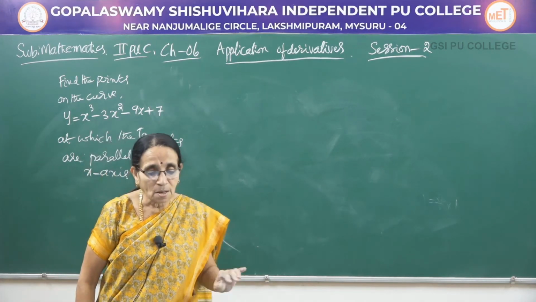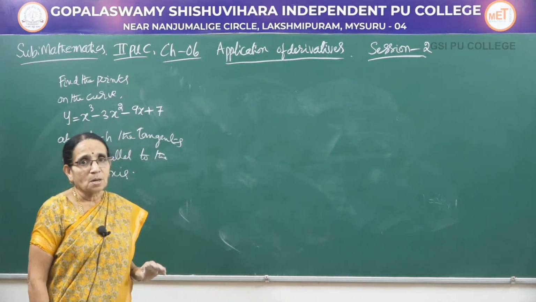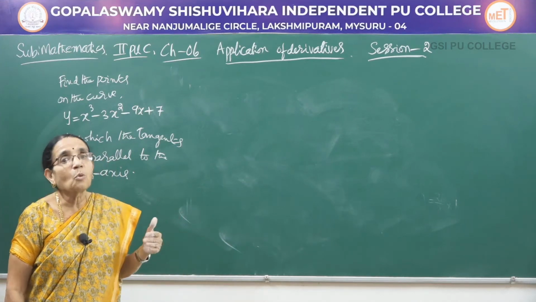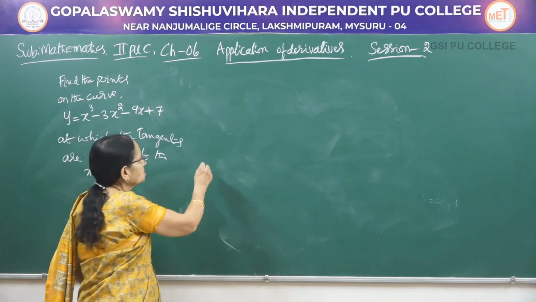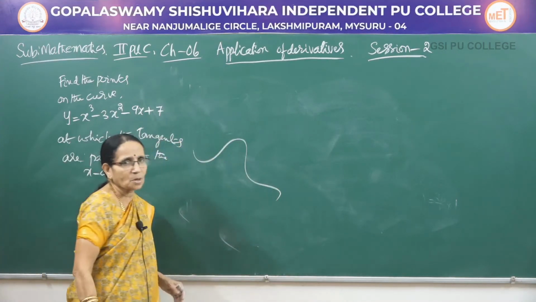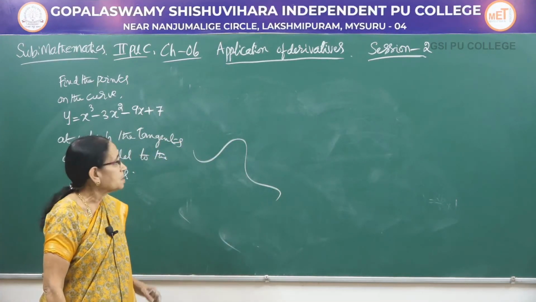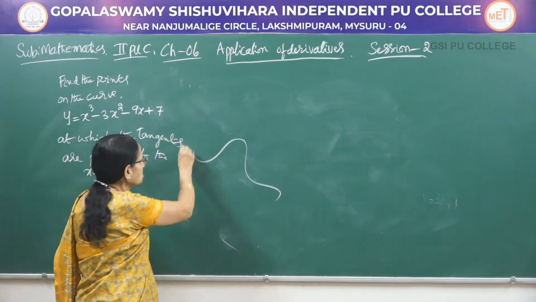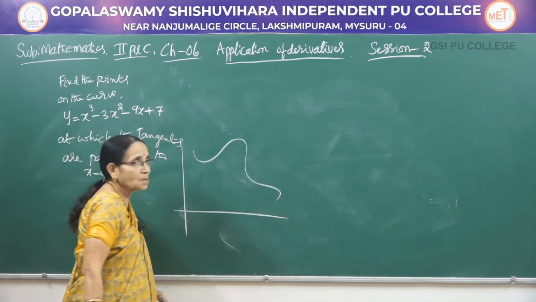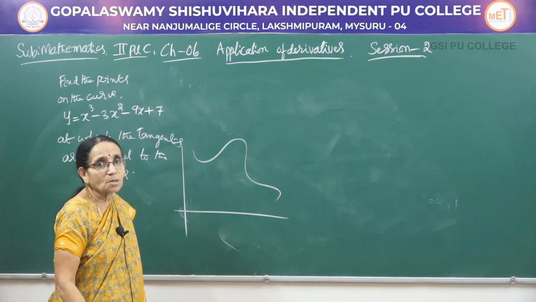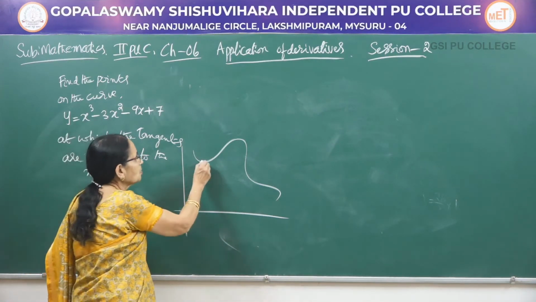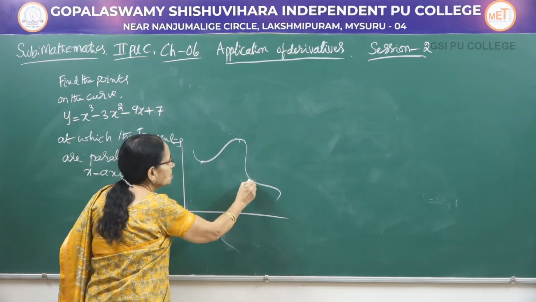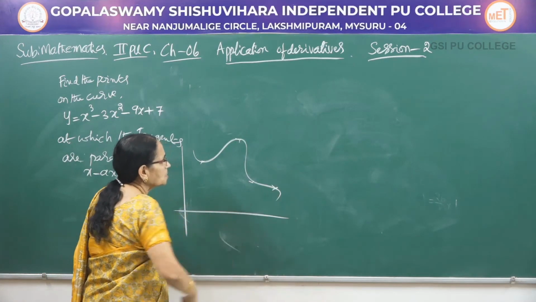Now here, find the points tells us that there would be more than one point on the curve. So let us assume this is some curve like this. You need to draw the graph here. Now let us assume this is the x-axis. What's the condition given here? You have to get the points. There may be one point here, some point here, there may be some point.